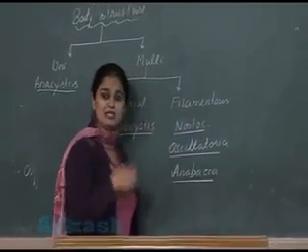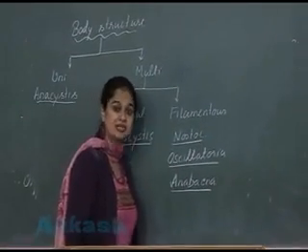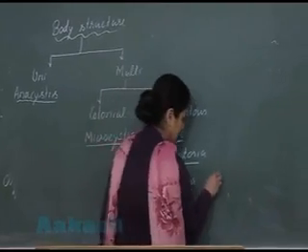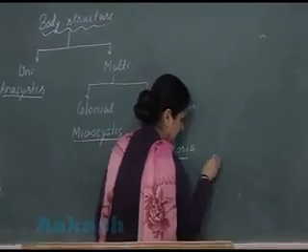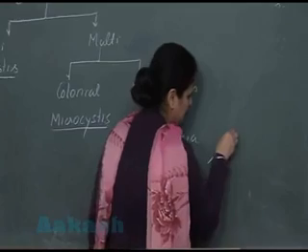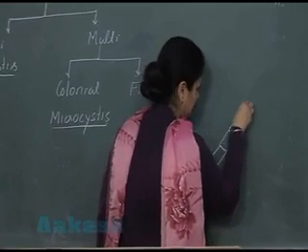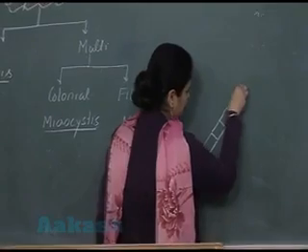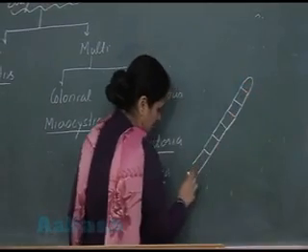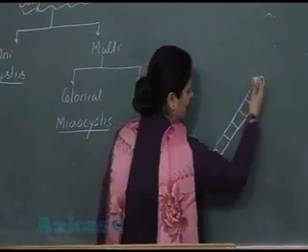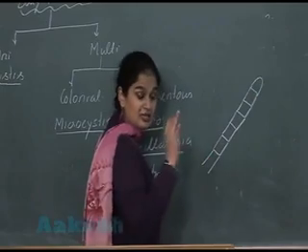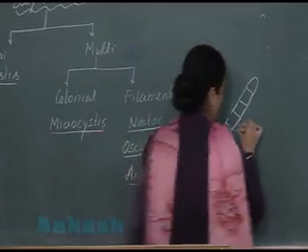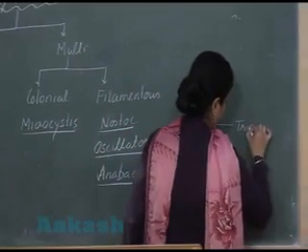Now, what does a filament represent in cyanobacteria? In the filament, this type of cellular organization is present: cells placed one above the other. This structure is known as a trichome.